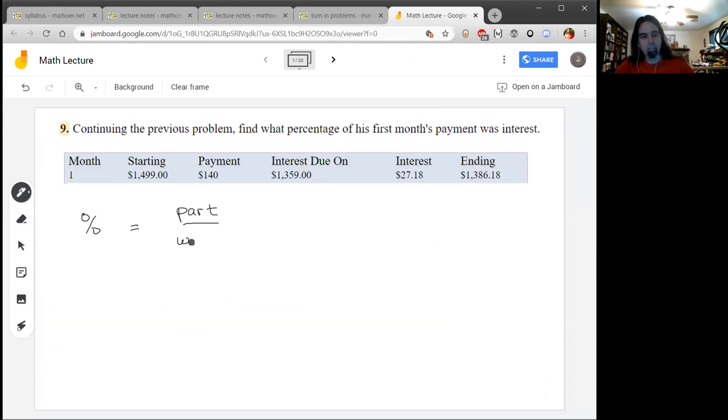That should be something that makes a lot of sense by now. So what percentage of the first month's payment was interest? We have the interest here and the payment here. So those are the two numbers we're comparing.